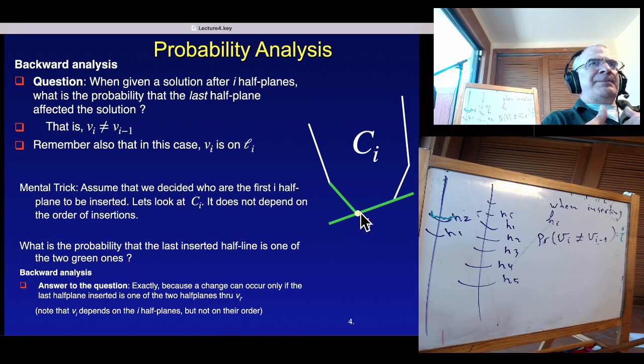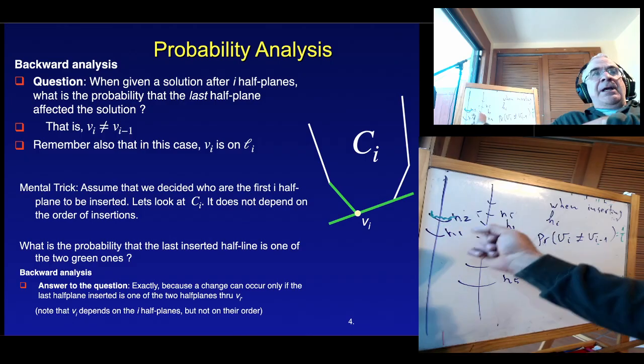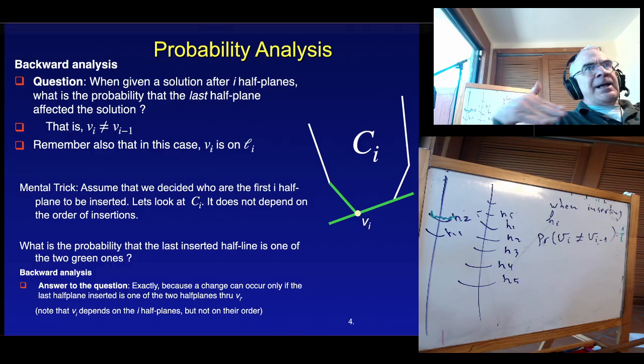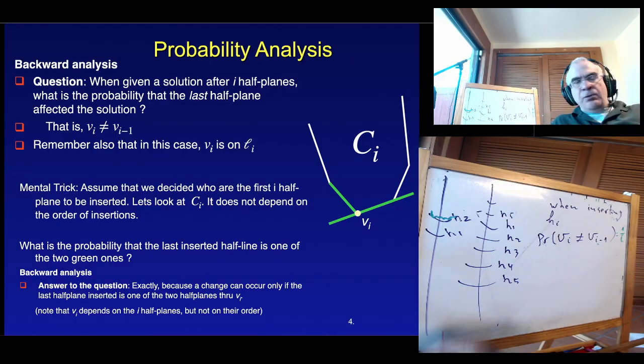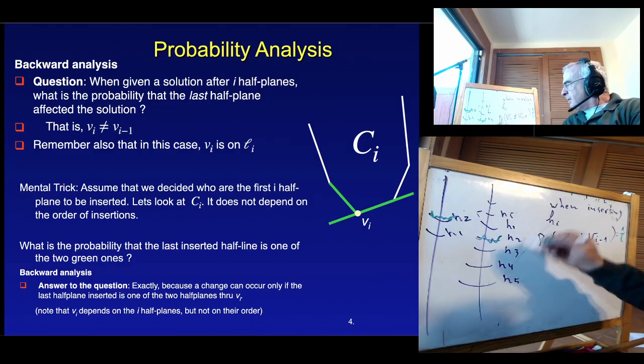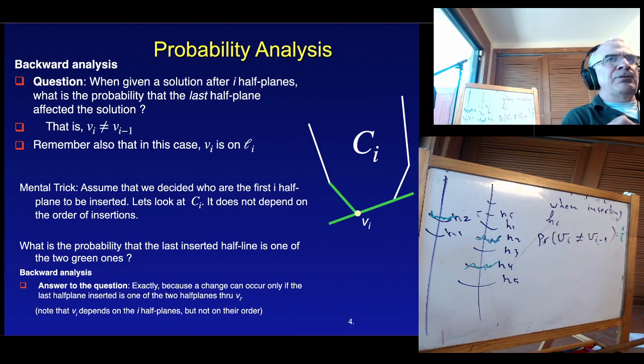How many half planes define vi? In the one-dimensional problem, I had only one. In the two-dimensional problem, to define what vi is, I need two half planes that are the bad guys. Both of them are the two special ones. So this will be special and this will be special.